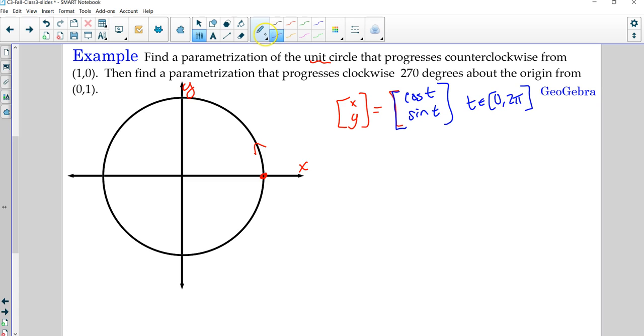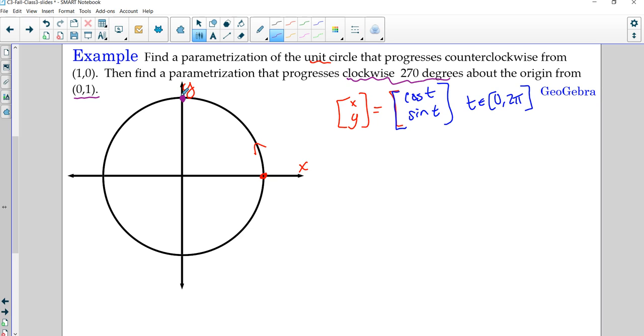The next question says find a parametrization that progresses clockwise 270 degrees from the origin, starting from 0, 1. So I need to start up at 0, 1 along the y-axis and then go clockwise about the origin 270 degrees.